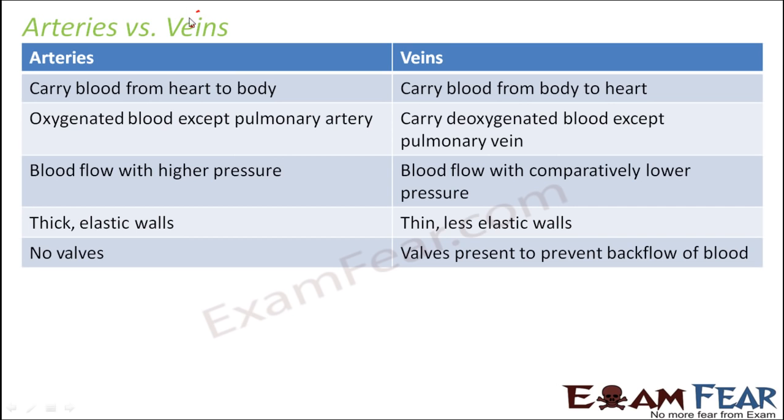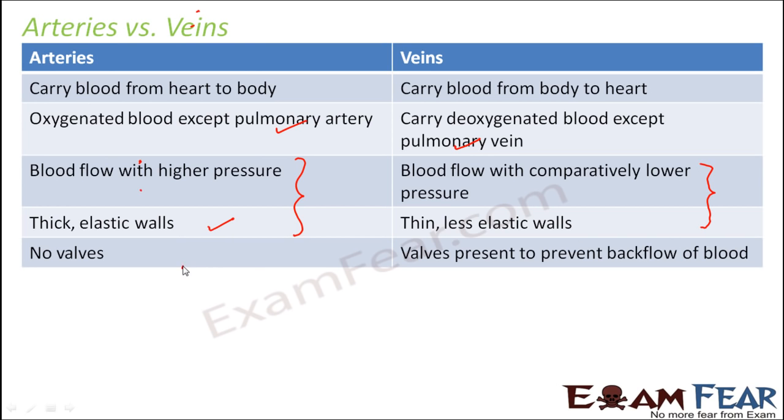In arteries, pulmonary artery is the only one which carries deoxygenated blood. Similarly, in case of veins, pulmonary vein is the only one which carries oxygenated blood. In arteries, blood flows with high pressure, and that is made possible due to thick elastic walls of the arteries, whereas in case of veins, blood flows with relatively lower pressure, and that is why they have thin elastic walls.